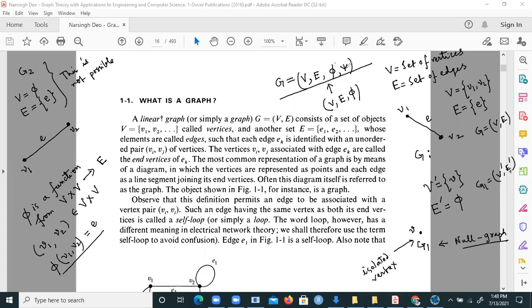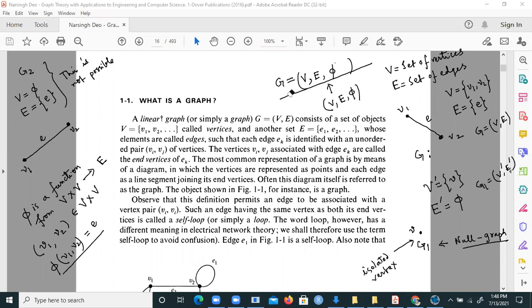Similarly, psi can be defined with respect to the connection of an edge to its vertices. We shall not try to include this function psi in the algebraic structure.